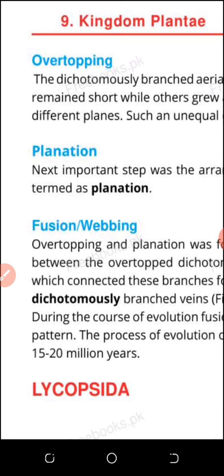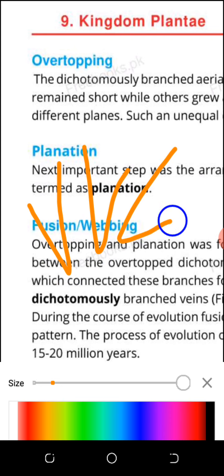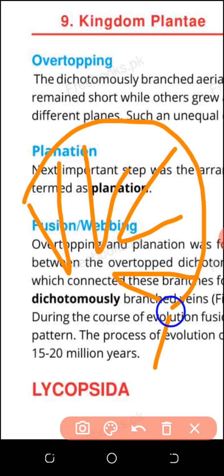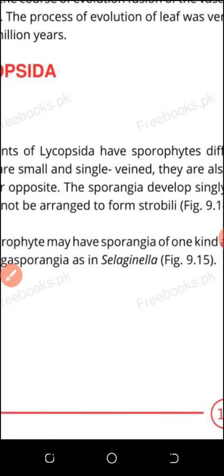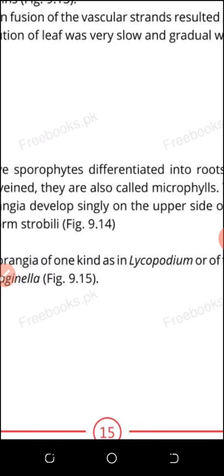The many unequal dichotomous branches will fuse by planation, and that is also called webbing, because lamina will be formed.